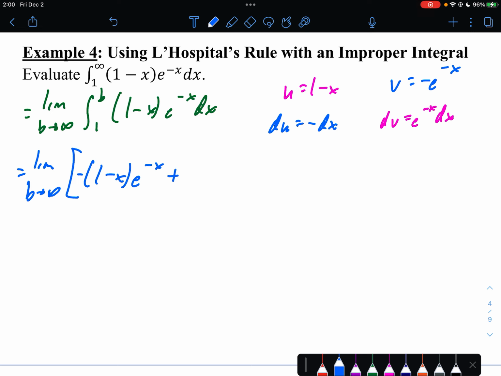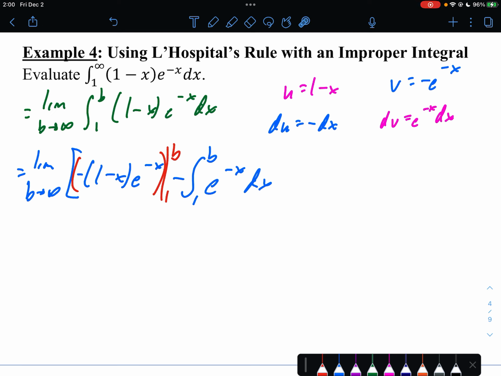So it'll be plus the integral of e to the negative x dx. Actually it'll be minus, because it's minus, minus, minus. So three minuses would make that minus, from 1 to b. And we need to evaluate this from 1 to b as well. So this is already integrated, per se. This is not yet, so we'll have to do that next.